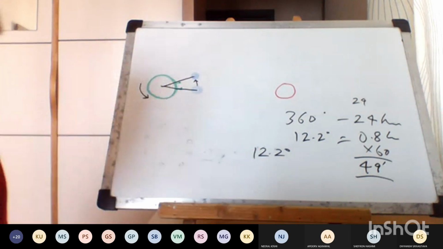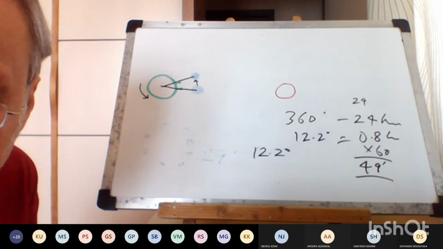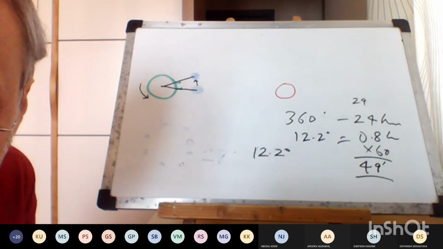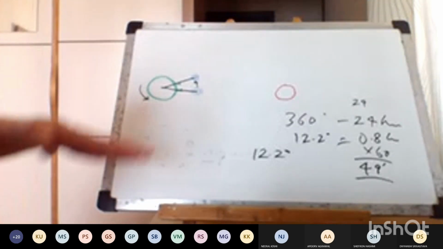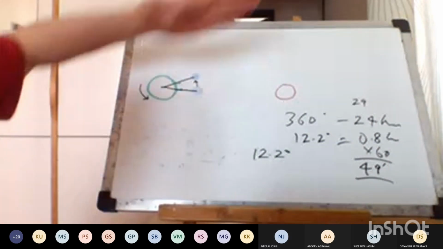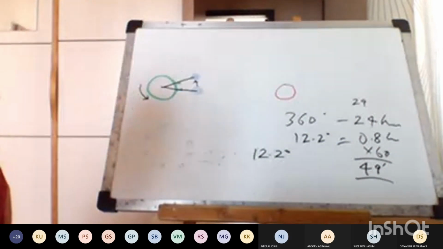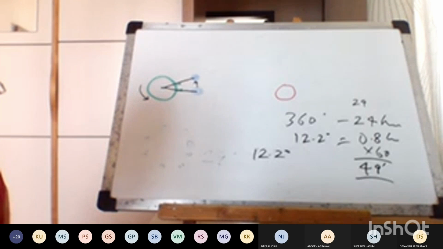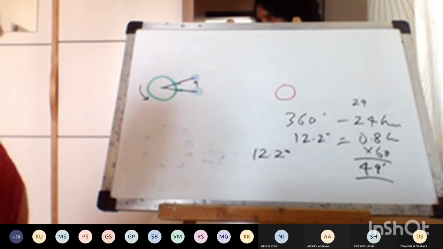So after 50 minutes, the moon will be over his head. Am I right? Because the earth will take another 50 minutes because the moon has already gone ahead a little bit. That means it will rise also 50 minutes later.